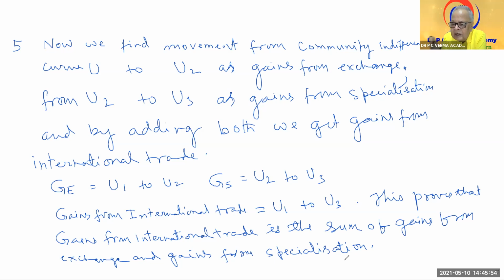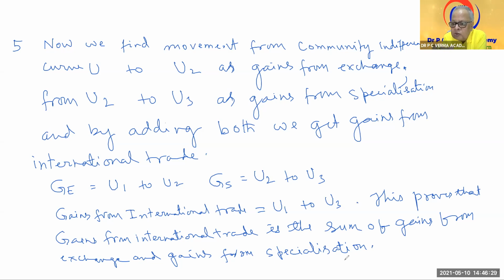Then the country will decide to specialize in the production of wine and get more gains of specialization. So in the second stage, more production will be done, more specialization will be done. The international trade price line will be tangent to the PPC, and final production will increase by a larger quantity.